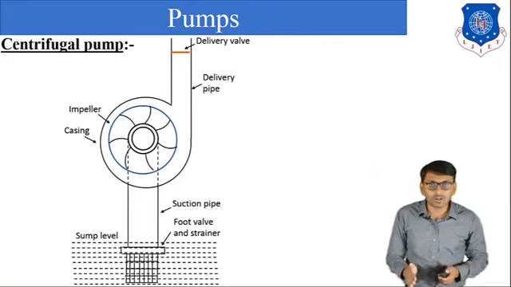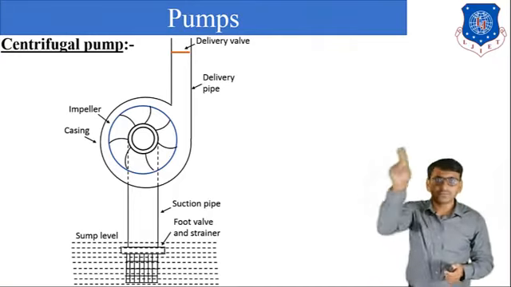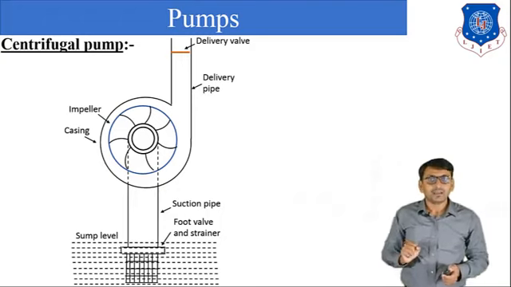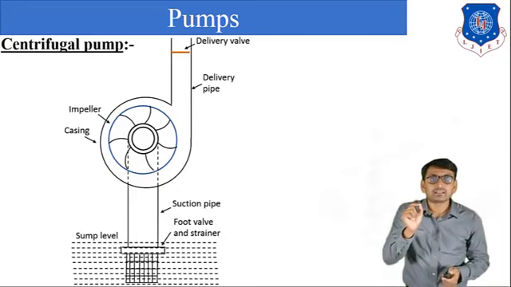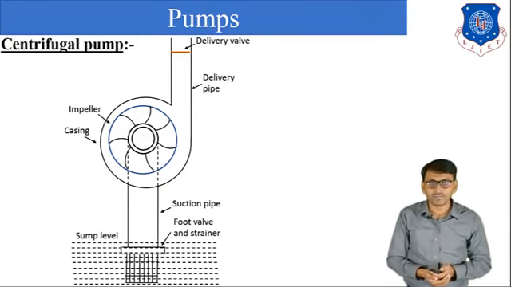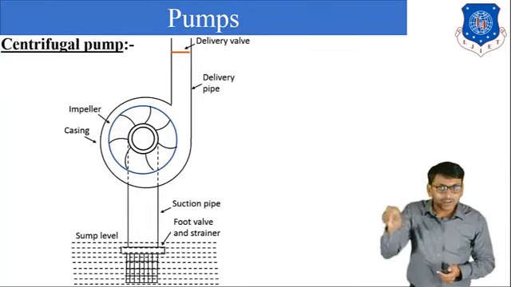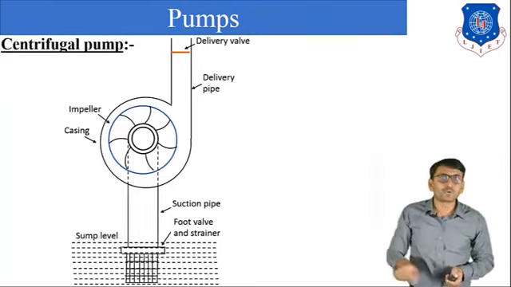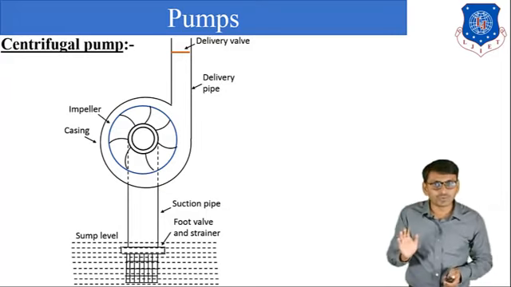In a centrifugal pump, the impeller rotates continuously when we start the pump. The impeller shaft is connected with an external device or electric motor, and when the electric motor starts, the impeller rotates. Due to the rotation of the impeller, centrifugal force is produced.